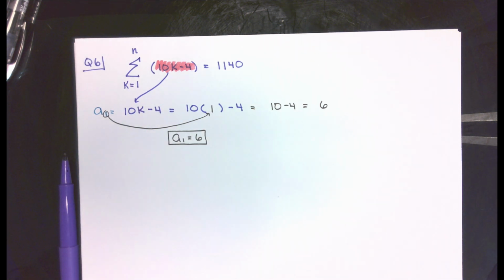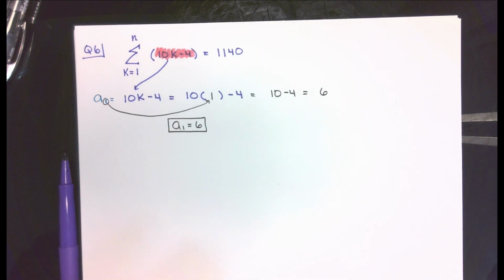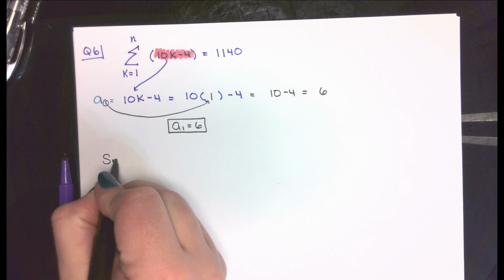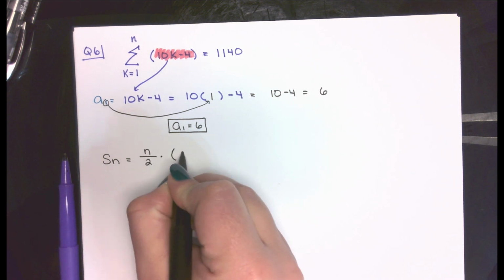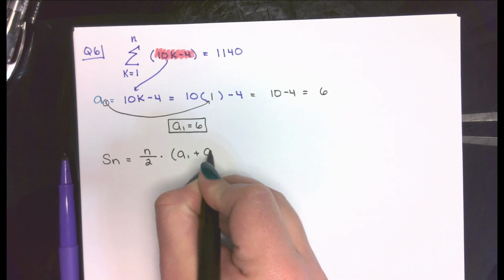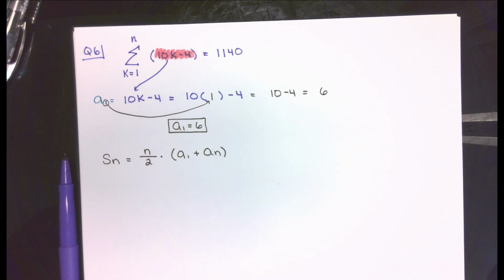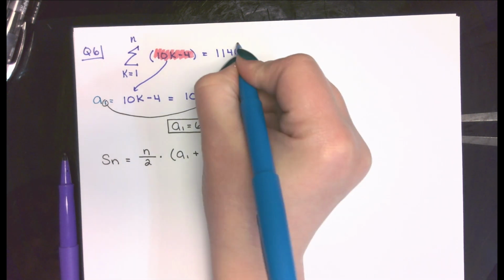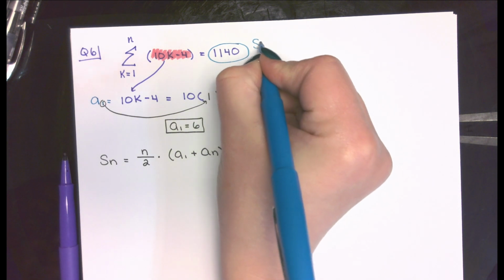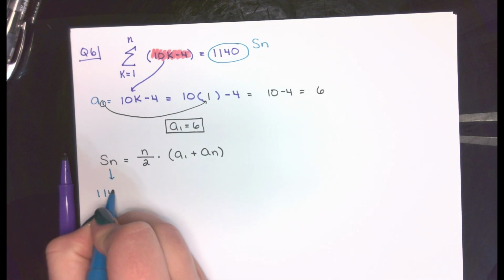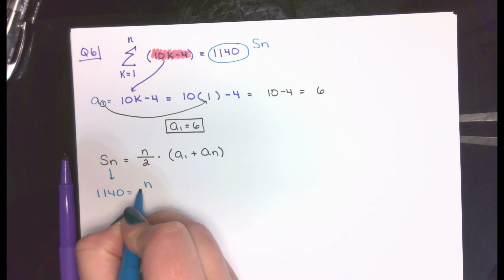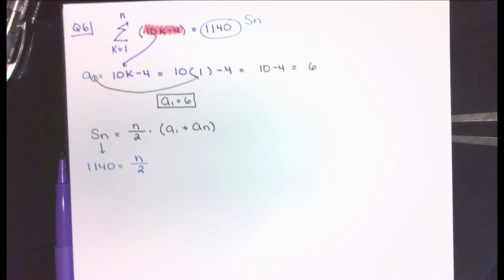After we find a sub 1, we then take our equation, s sub n is equal to n divided by 2 times a sub 1 plus a sub n. We do know what s sub n is. S sub n is 1,140. N is still unknown.